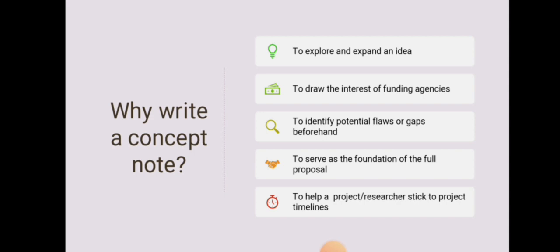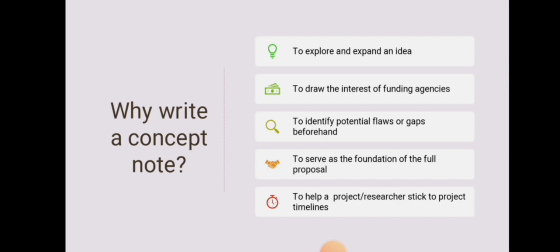The other one is to identify potential flaws or gaps beforehand. Putting time and effort into writing a concept note helps us develop a focused description of a project and allows researchers to examine a problem from all angles.